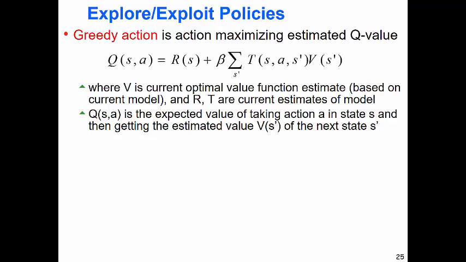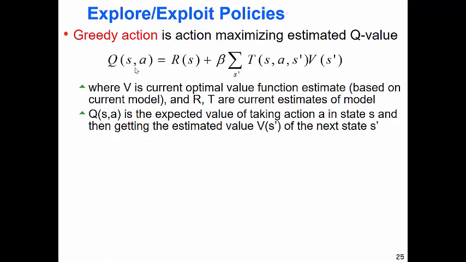But we're going to talk about some explore policies now, and here again I'm going to reintroduce the Q function. In reinforcement learning, this is a very, very important function. The Q function is basically estimating the value of taking an action in a state, as opposed to just estimating the value of a state.